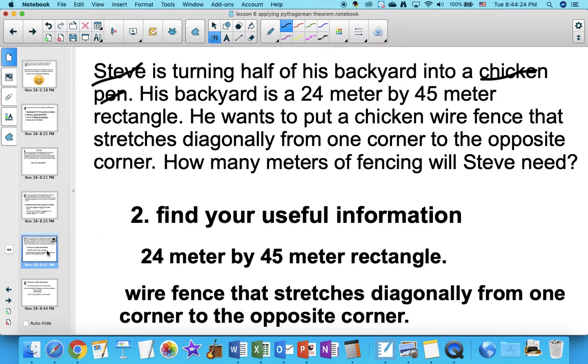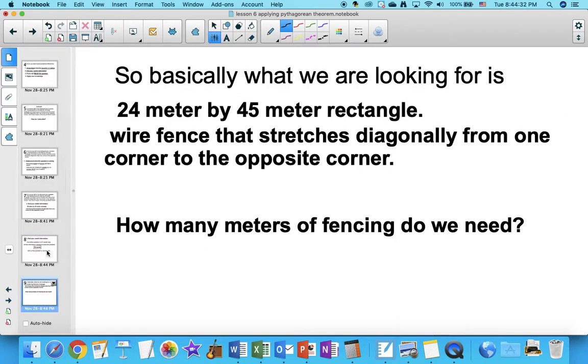You can say, okay, 24 by 45 meter rectangle, wire fence diagonally from one corner to the opposite corner. What is that length? That's it. So now I know that the question is basically asking: a 24 by 45 meter rectangle, a wire fence stretches diagonally from one corner to the opposite corner, how many meters of fencing do we need?